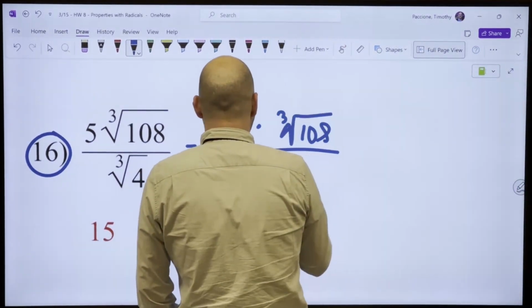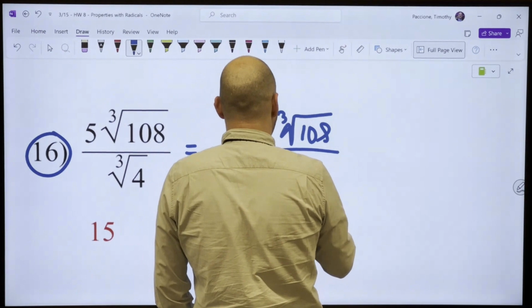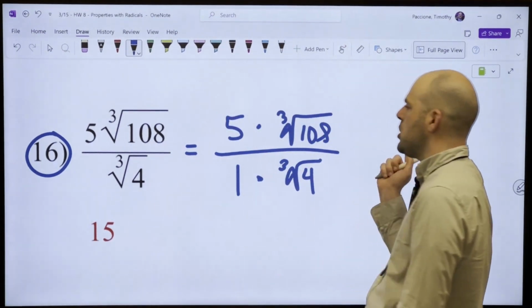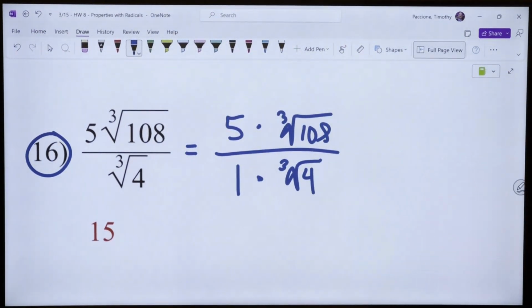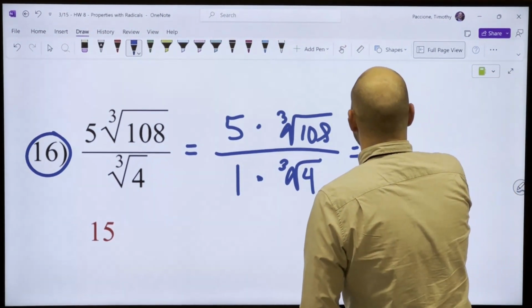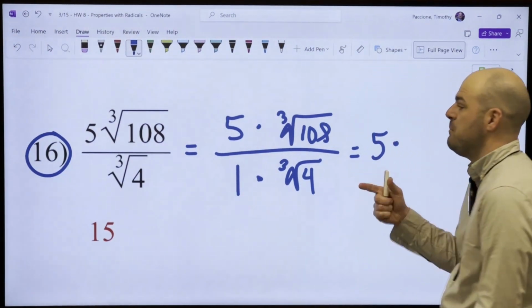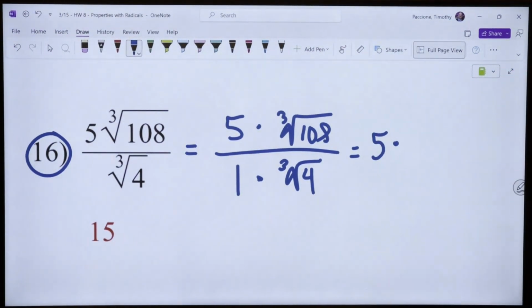And you go 1 times the third root of 4. Just changing the structure a little bit so I can see, oh, wait, I can pull this apart. Because 5 over 1 is what? 5.